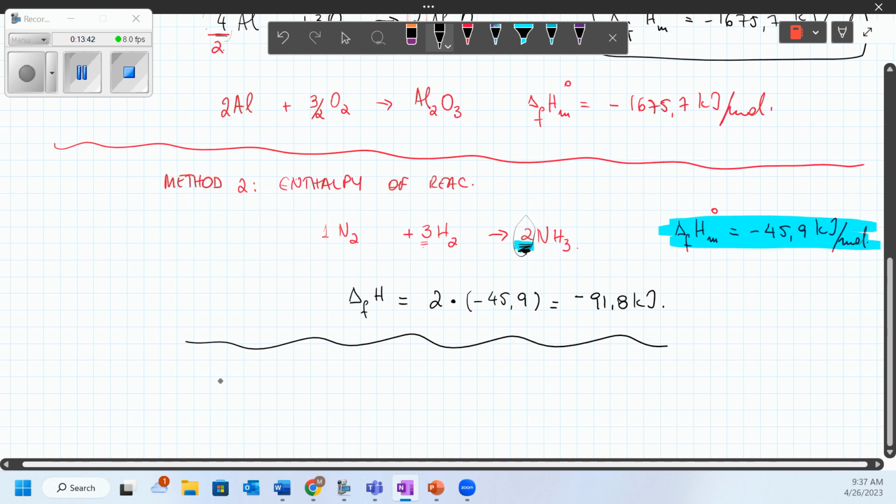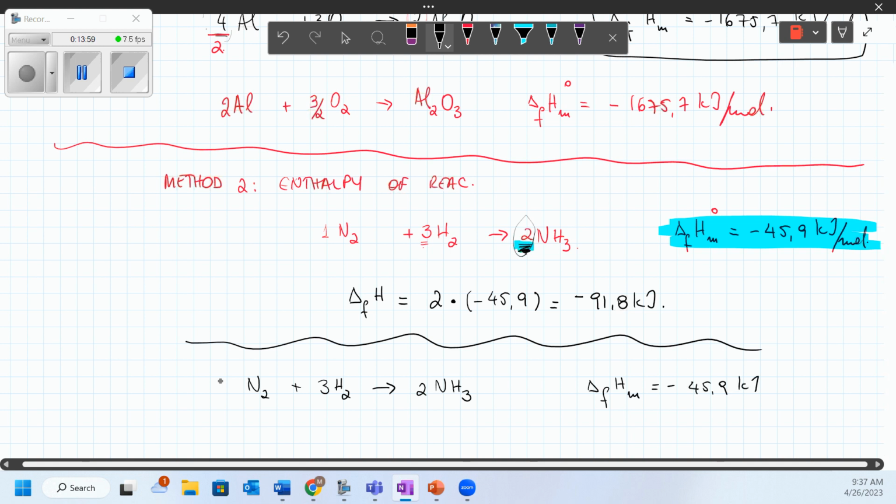Let's stick with this reaction. So let's bring this reaction again. So now we have N2 plus 3H2, the balanced reaction, gives NH3. And then from the data booklet, the molar formation is negative 45.9 kilojoules per mole.